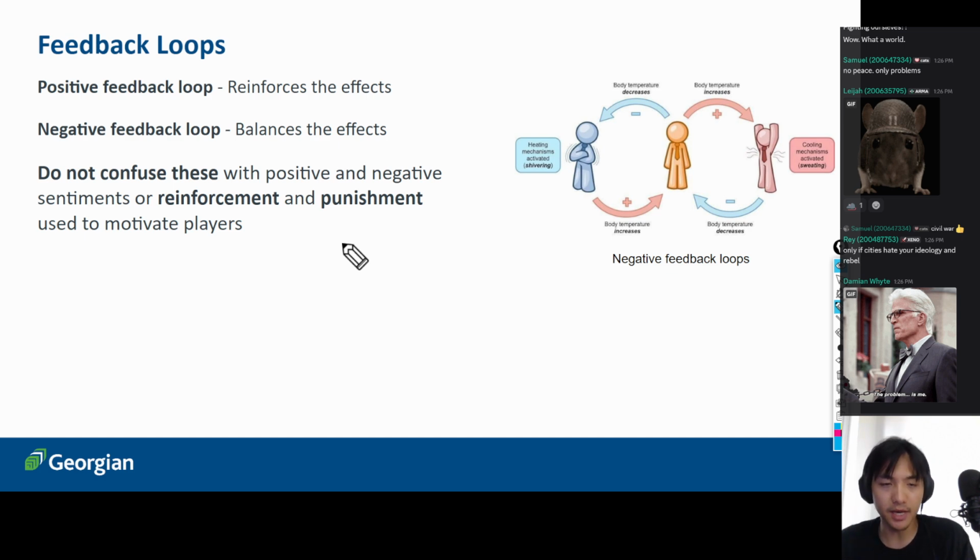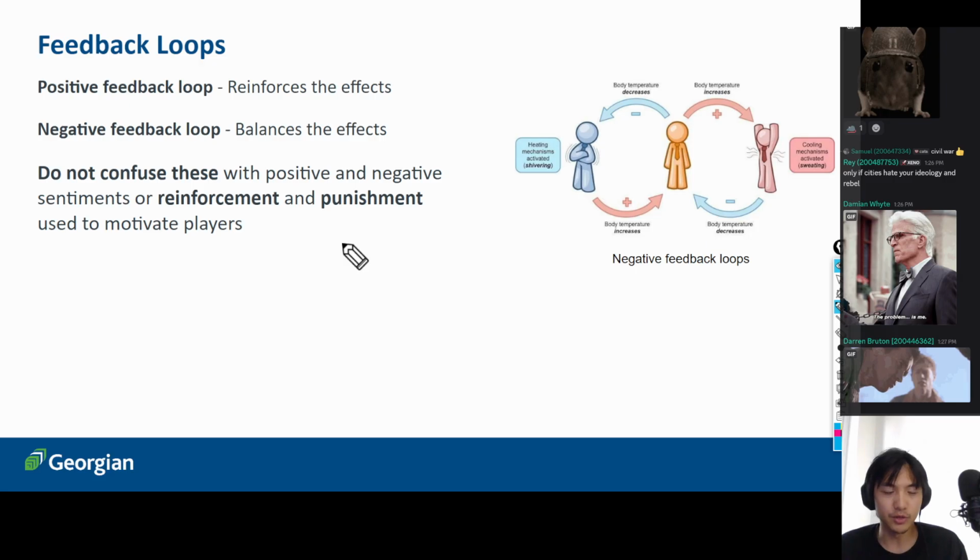Positive reinforcement is rewarding somebody for doing something good. So when your dog doesn't eat something on the floor, you give it a treat. That's positive reinforcement. Negative reinforcement is punishment for something they shouldn't do, like yelling at your dog for eating something on the floor, which they might not understand anyway.